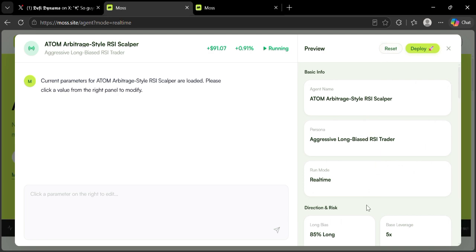Use the reset button to reset it, and then set the parameters the way you want them. If there's anything the agent is not doing well, or if at any time you are tired of any agent, you don't like the way the agent is trading, or you've made enough profit with the agent, you can take profit and then close the agent or delete it, as the case may be.